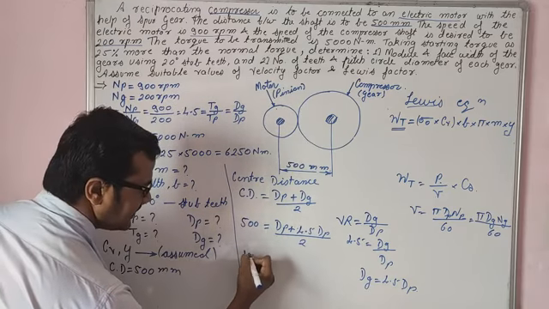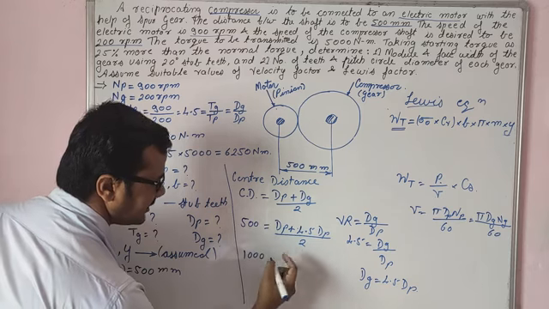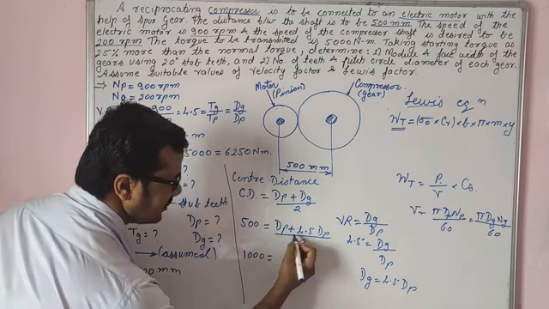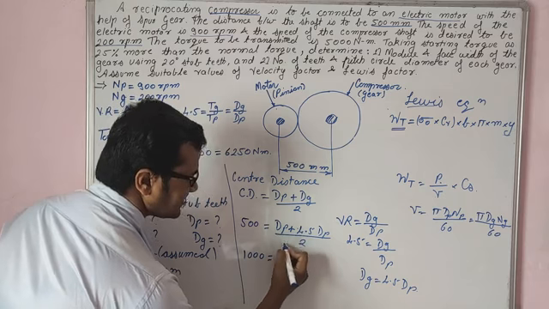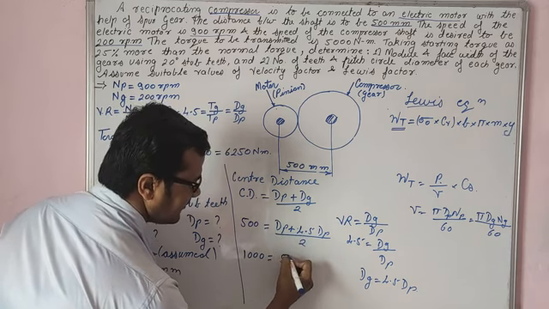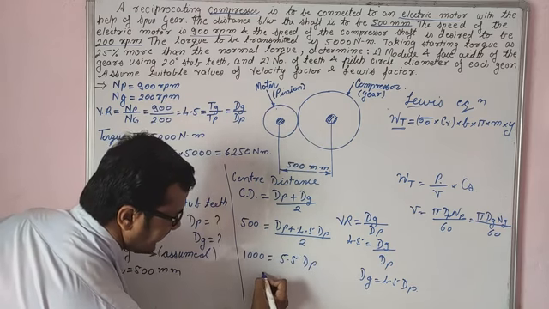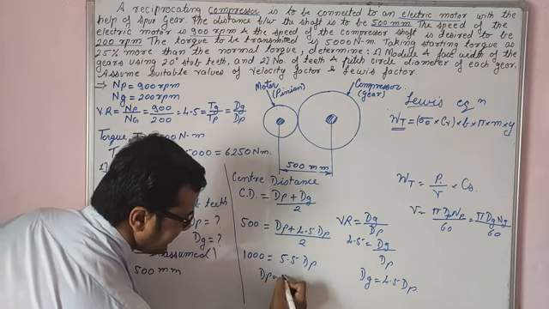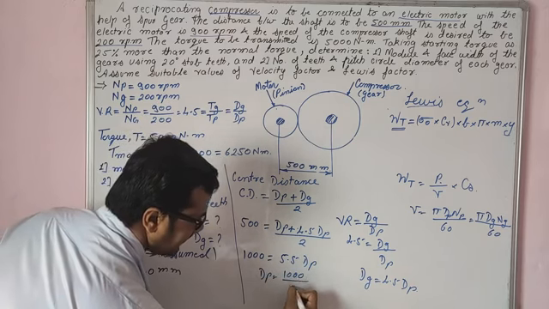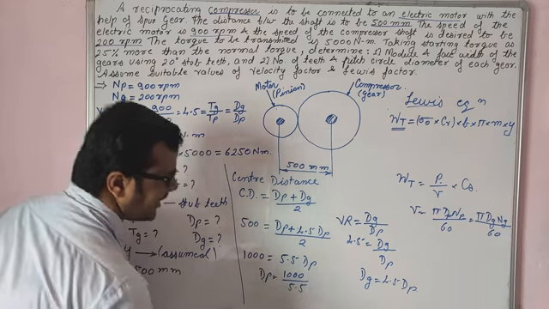Or we can say 500 into 2 is 1000 mm equals 4.5 dp plus 1 dp, that is 5.5 times the diameter of the pinion. When we solve this we get the diameter of the pinion equals 1000 upon 5.5.